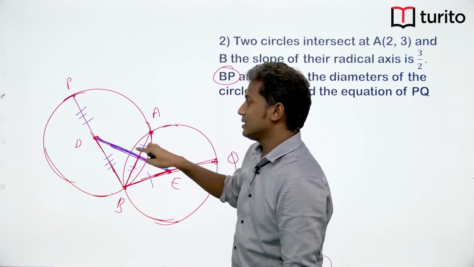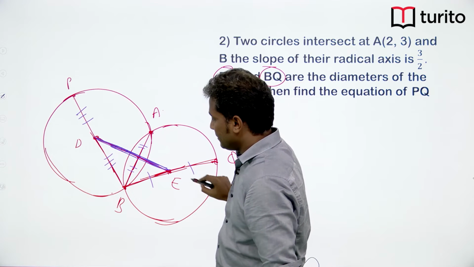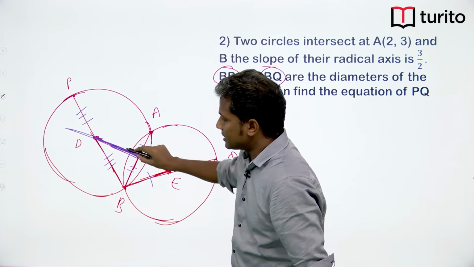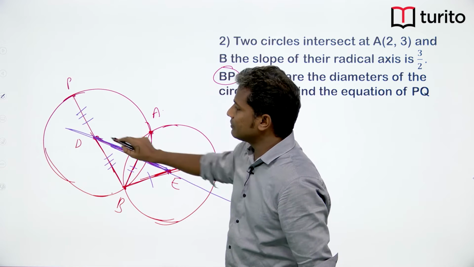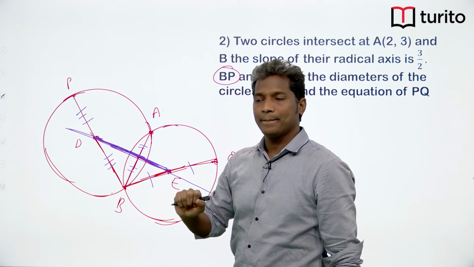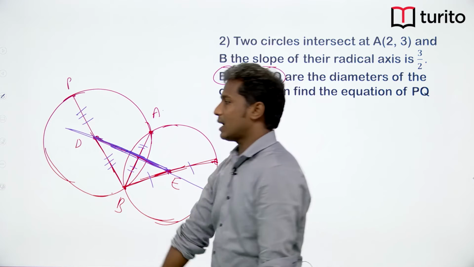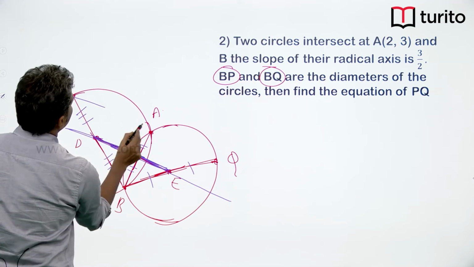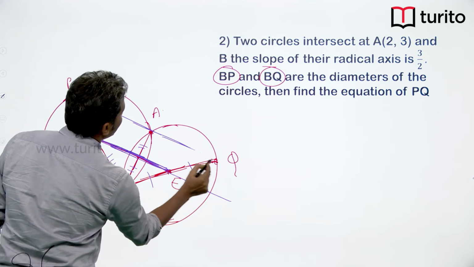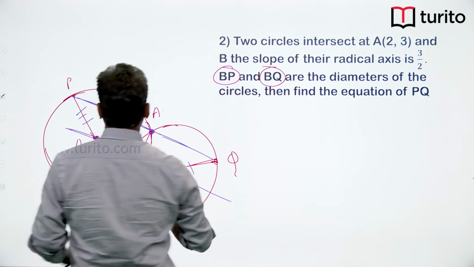Which means this line DE is bisecting all three lines passing through this. So if I join P and Q, it will pass through A.